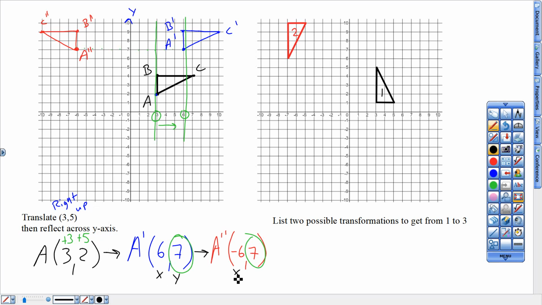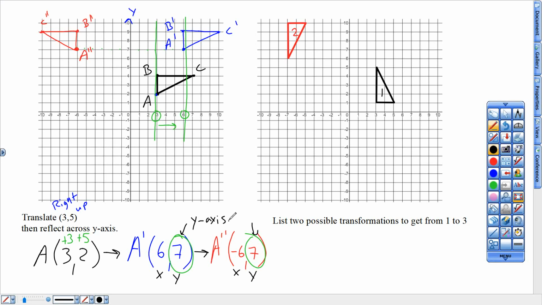These points show the x number be opposite, but these y numbers are the same. That shows that you reflected over that y-axis. That's what always happens. Reflect over the y-axis, the y numbers stay the same, but the x numbers opposite. Reflect over the x-axis, the x numbers stay the same, but the y numbers opposite.